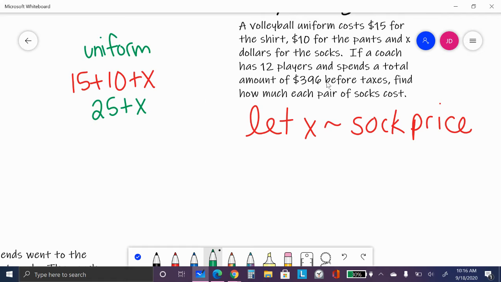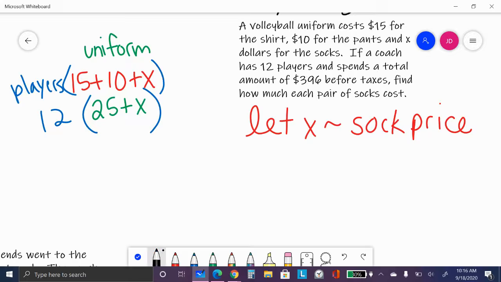Now, the total cost the coach spent was $396, and there's 12 players. What we have to do is multiply the cost of one uniform by 12, since that's the number of players, to equal 396, the total cost.